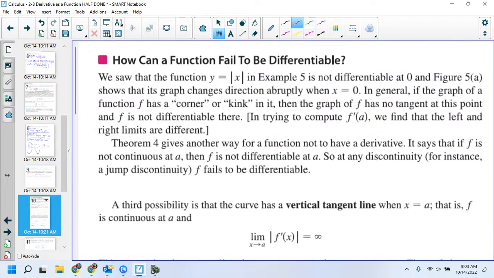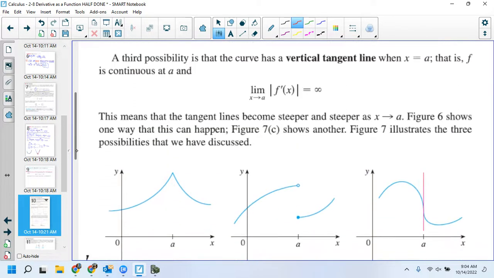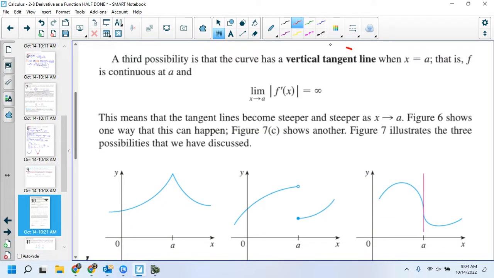Okay, so how can a function not be differentiable? What are the situations where I'm not going to be differentiable anymore? Well, there's a couple. The first option is when you have a vertical tangent line, or we would call that a vertical asymptote.